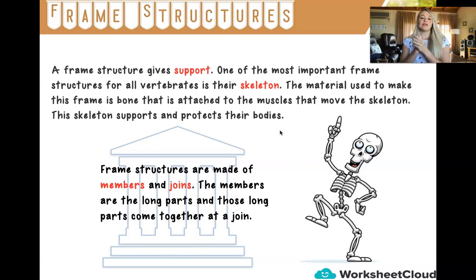So if we look at our bodies, for example, we have bones that when they come together, they form a joint. And at that point where the bones come together, it joins together. And in our bodies, we call them joints. But just to mention again that members and joins are part of frame structures, and that we use to classify frame structures and describe frame structures.